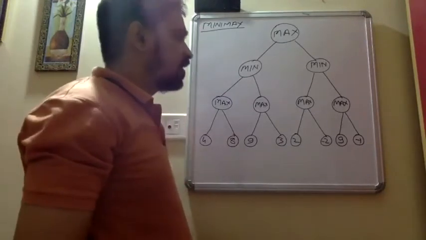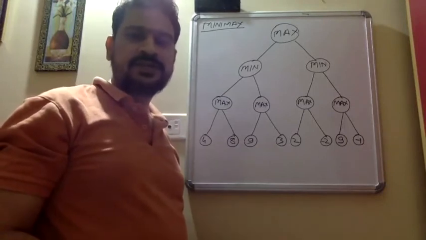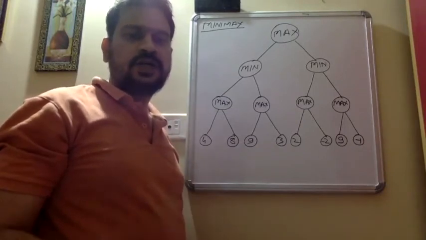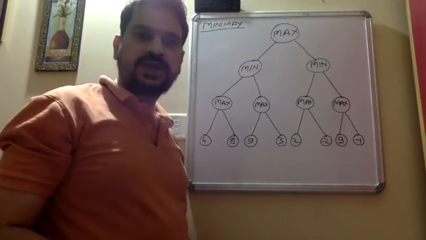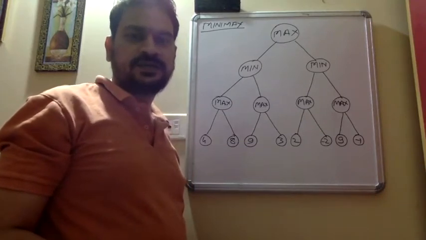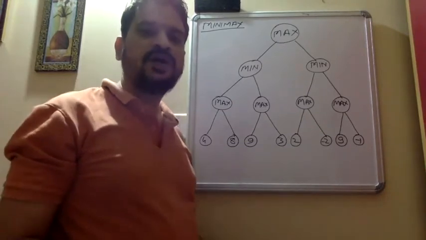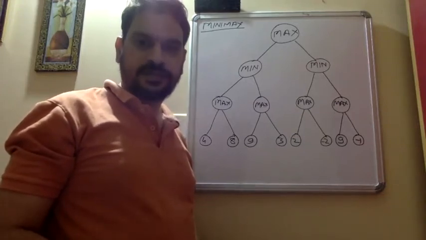Now, what happens in the MiniMax problem? As we all know, in adversarial search there are two players in the game. One tries to maximize the utility function, and the other, our opponent, tries to minimize the utility function for its opponent.